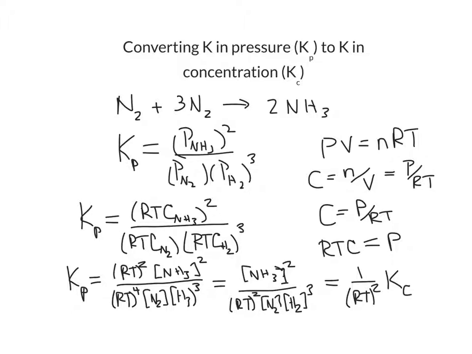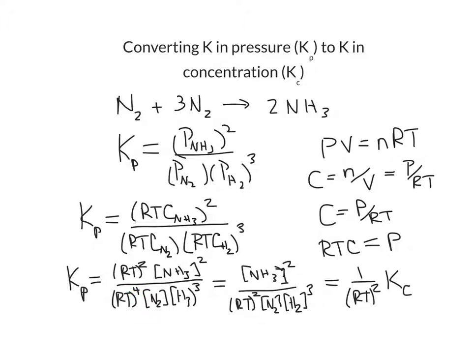And so when I divide out all the factors of RT that I'm able to divide out, what I'm really doing is taking the number of moles of gas in my products and subtracting the number of moles of gas in my reactants.